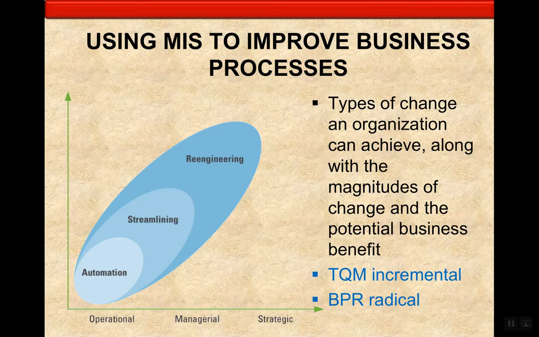The advocates emphasized that if you just automate or just streamline, you're trying to improve things incrementally. The idea of business process reengineering is you blow the whole thing up. You take everything apart, bring it down to its component parts, and reassemble it the way it should be assembled.